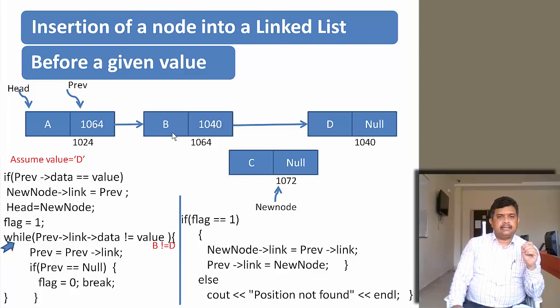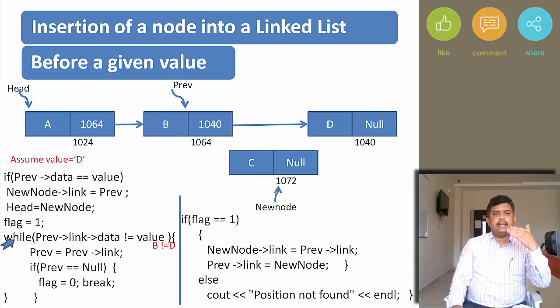So something like this. B is not equal to D, so that's why the pointer PREV is pointing to the next node. Now PREV is not null, so again it will be comparing.